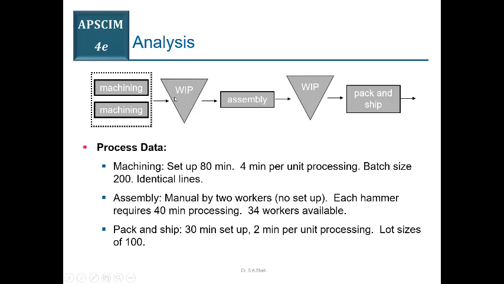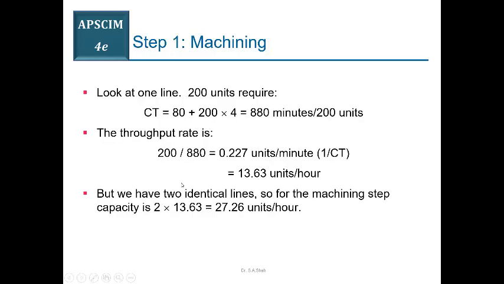So it is the production rate of a single machining center. So in total आपके पास दो machines हैं, तो 13.63 multiplied by 2 आप कर लेंगे and you will get the actual capacity of that system, which is 27.26 units per hour.